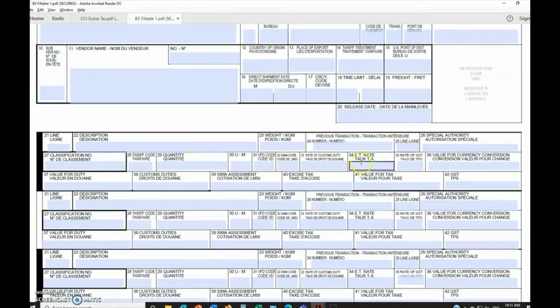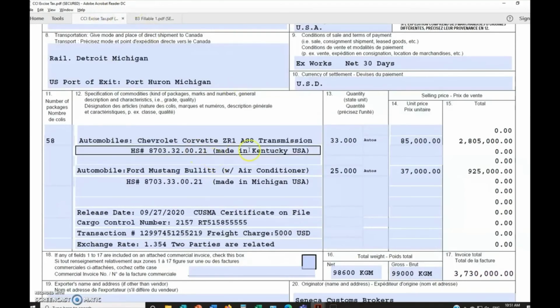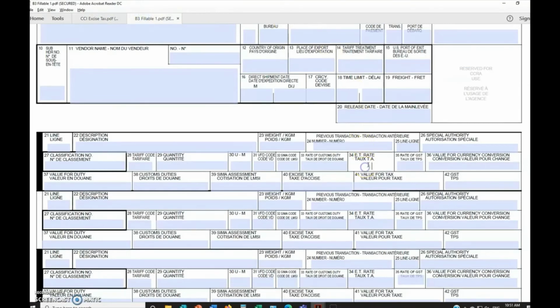So you'll notice it says here excise tax rate. So for the cars that have air conditioners, you will put down the specific duty rate, and that's simply $100. It's $100 per car. So how do we know what the excise tax is? Well, we have to put down the quantity.